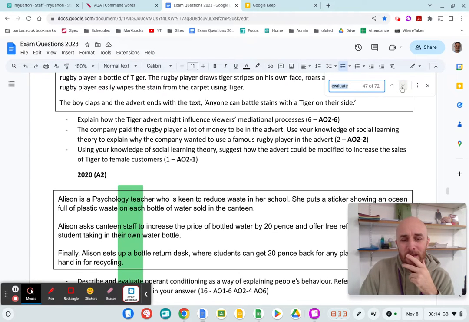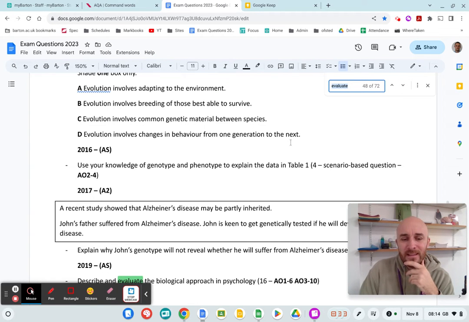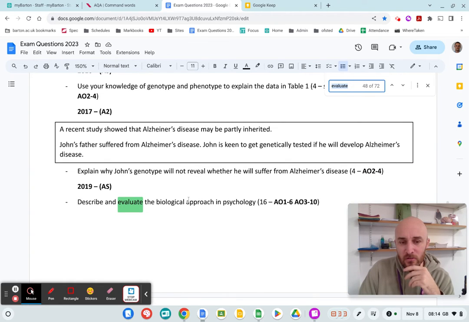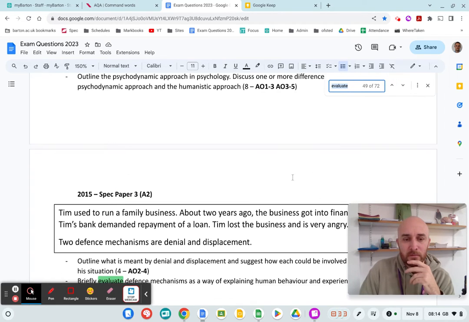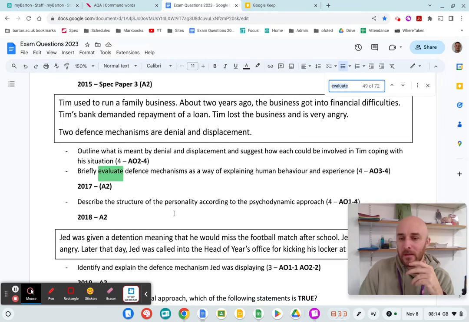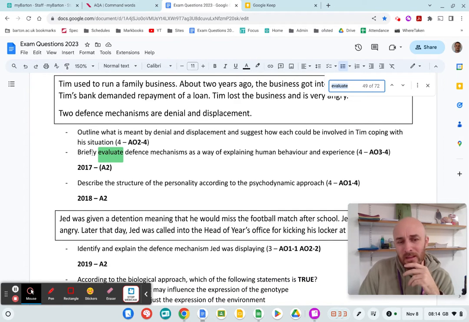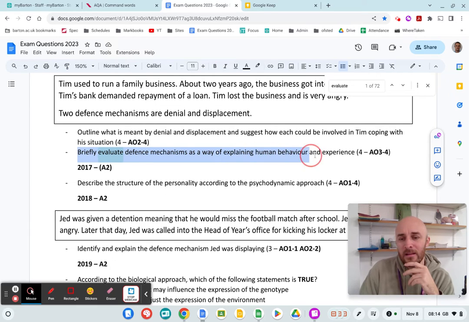Where it tricks people sometimes, let me just find this again. Look, they're all describe and evaluate the biological approach, for example. Here we go. Now we're talking. Look, this one here, briefly evaluate defense mechanisms as a way of explaining human behavior.